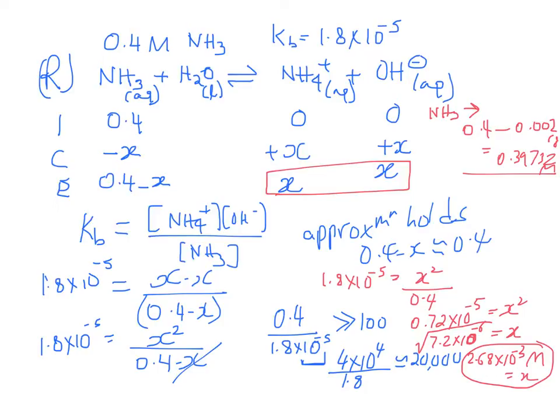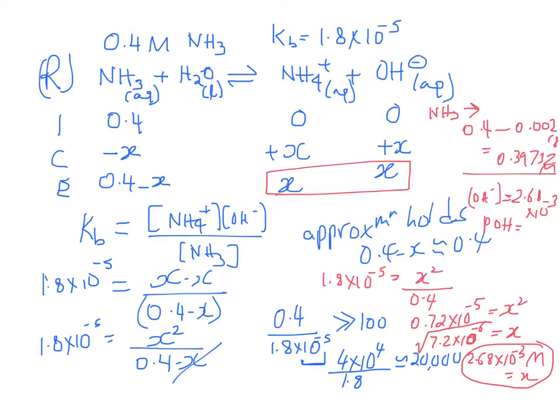So you would say, well, I have the concentration of hydroxide in place, which is 2.68 times 10 to the negative 3. If you take the negative log of that, so if you try to determine the pOH, that will give you the number that you will get. You will need to subtract that from 14 to get the final value in terms of pH.